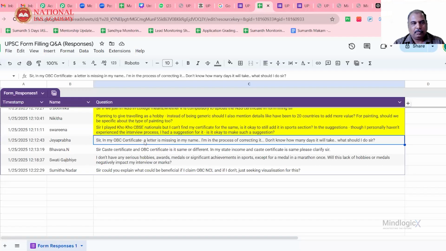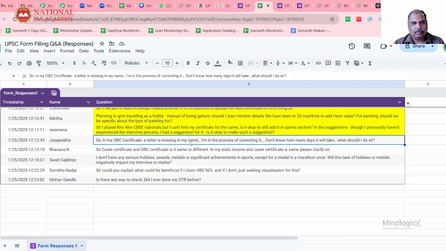See, in my OBC certificate, a letter is missing in my name. I'm in the process of correcting it. Don't know how many days it will take. What to do? Sorry, sir, you need to correct it and upload it. No way in that. Do you have any idea how much time it might take, sir? Usually, now it is online in certain areas, so usually it may take around a week. It depends upon the state, it depends upon the bureaucracy there.